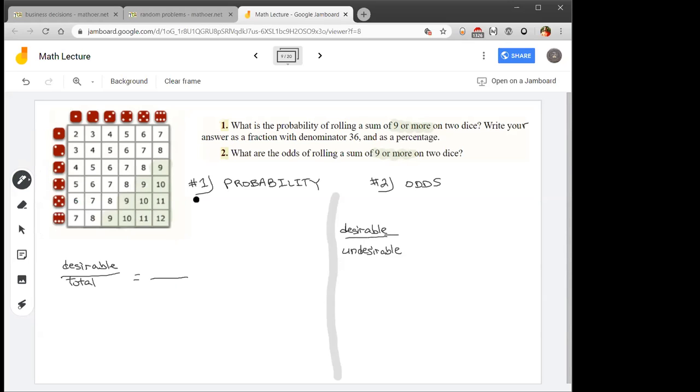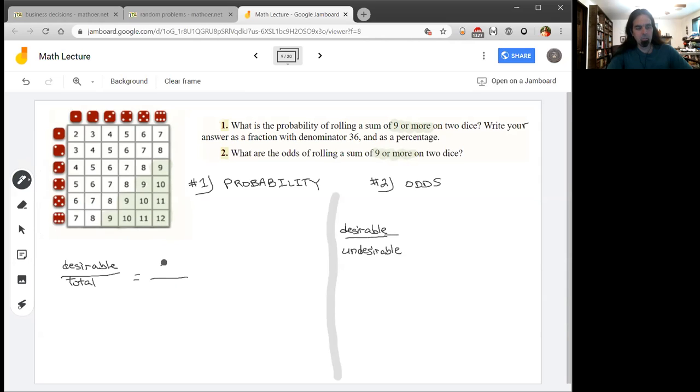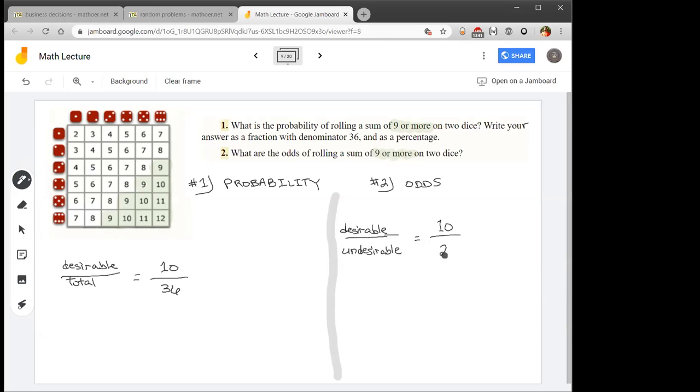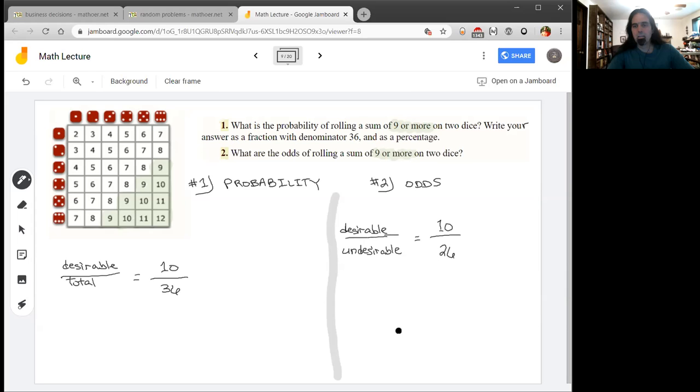10. 1, 2, 3, 4, 5, 6, 7, 8, 9, 10. It's still true. There's 6 times 6 is 36 total. How about for the odds side? It's still going to be 10 that we highlight. 26. 26, right? 36 minus 10.